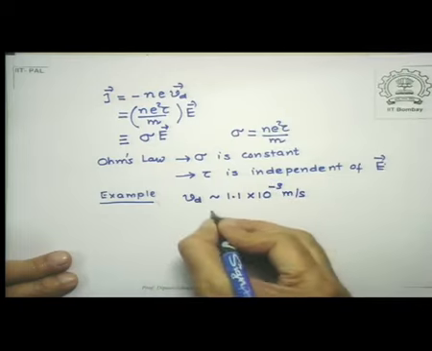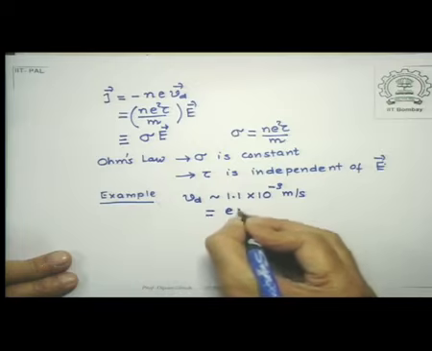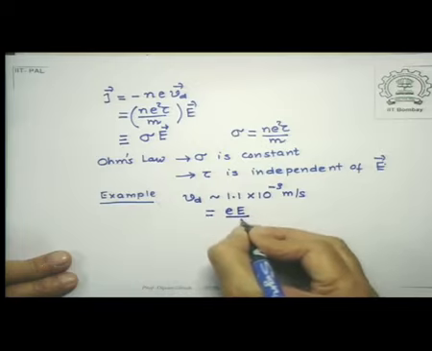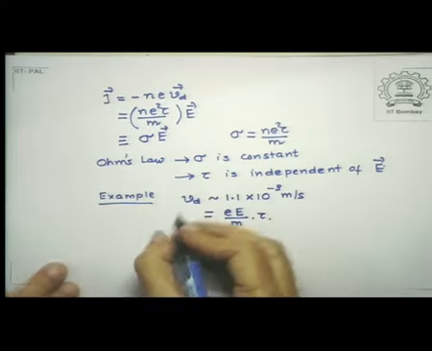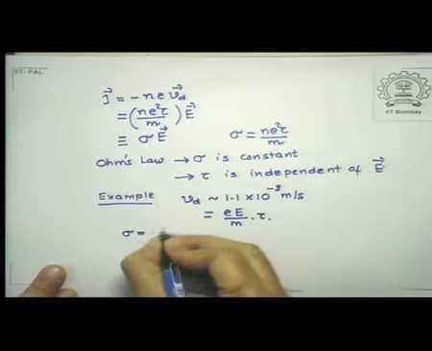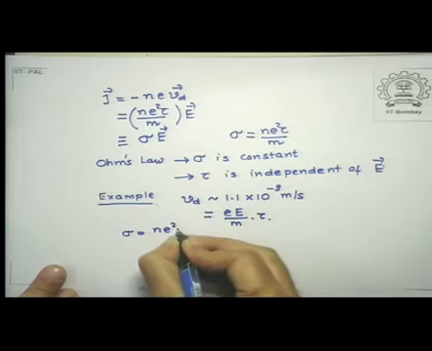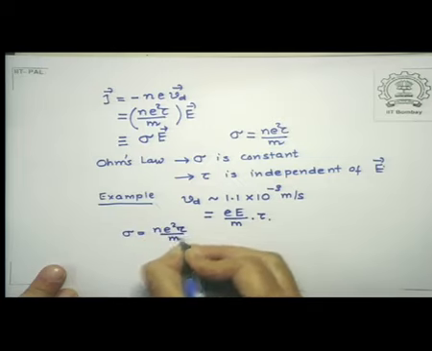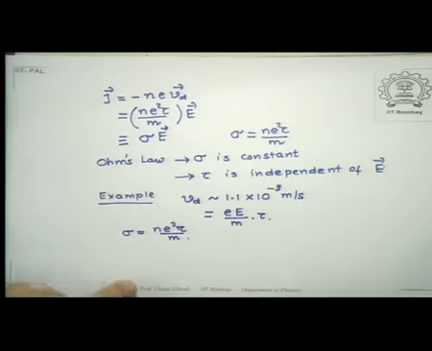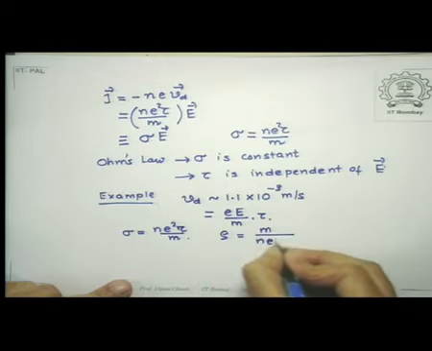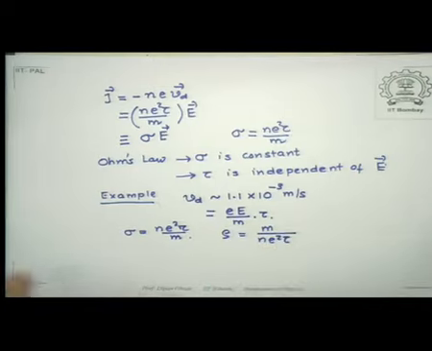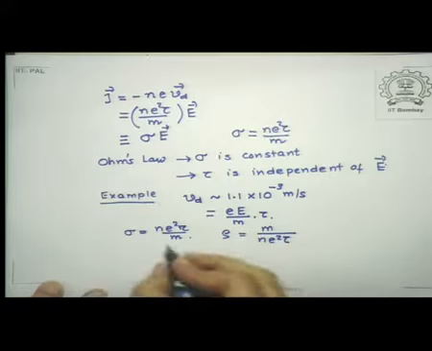Using this, I want to calculate tau, so that my sigma, which is Ne square tau over m, or the inverse relationship, resistivity. So, resistivity is m by Ne square tau. Remember, I have given you the data for rho, which we have said is 1.7 into 10 to minus 8.